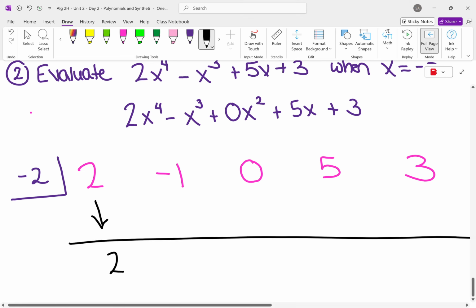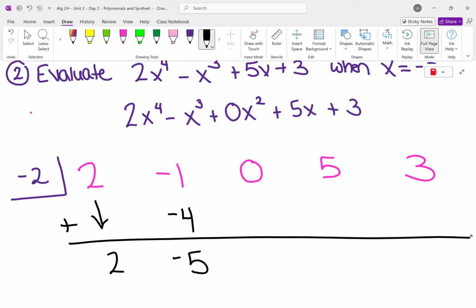Okay, so now what we want to do is you're going to bring down the first number. So I'm going to bring down that positive 2. And you take that first number and you multiply it with the number in the box. So 2 times a negative 2 is a negative 4. You're going to write that in the next column. And then add that column. Negative 1 plus a negative 4 is a negative 5.